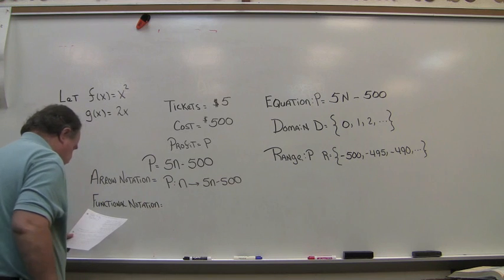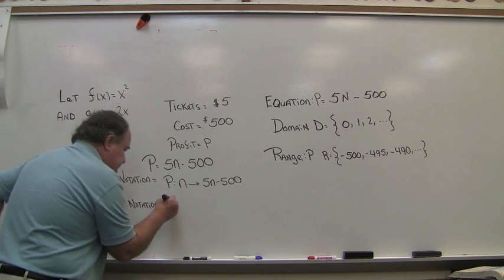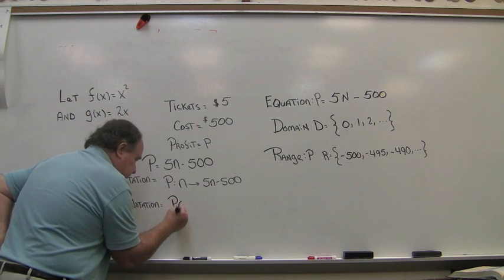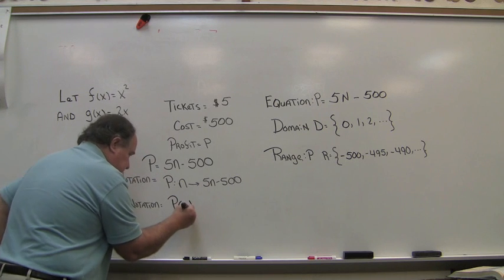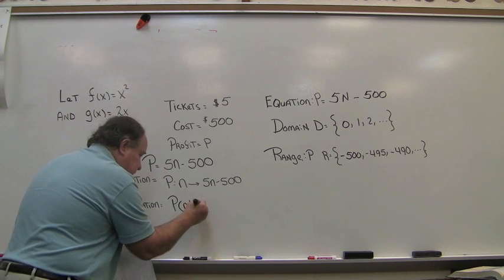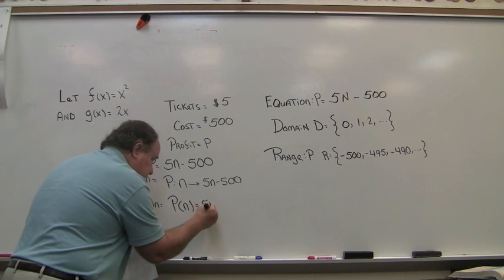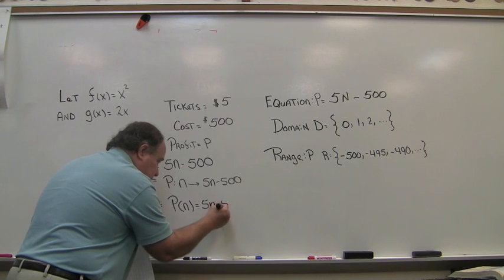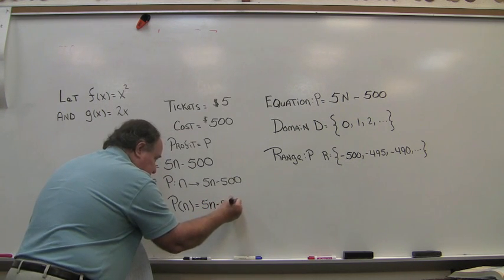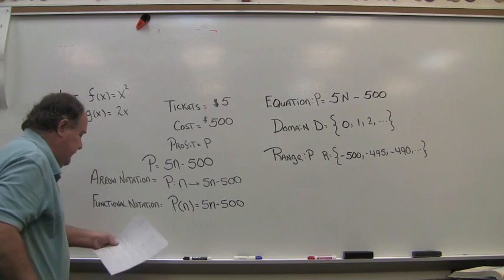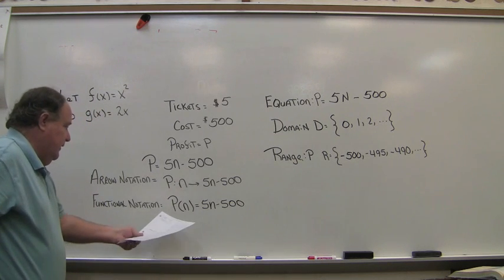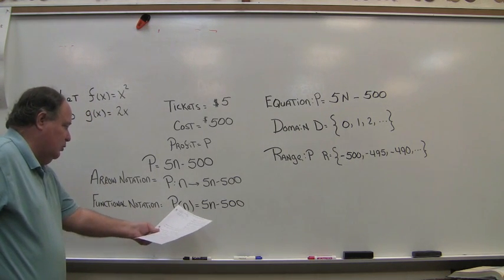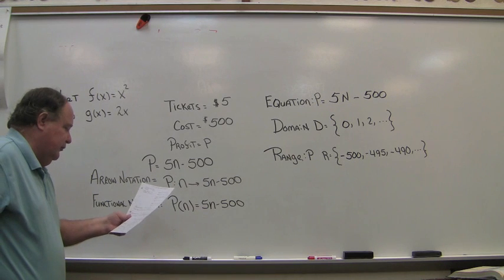And this functional notation is written like this. These are both written as functions. In this case, this says that P of N equals 5N minus 500.